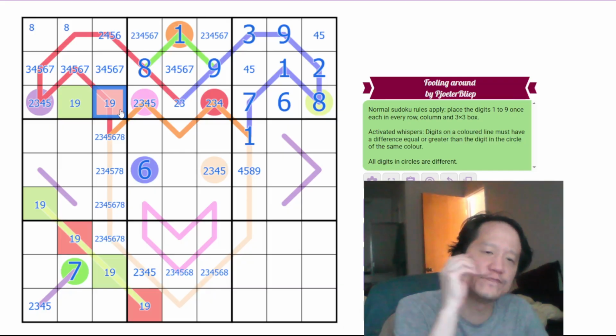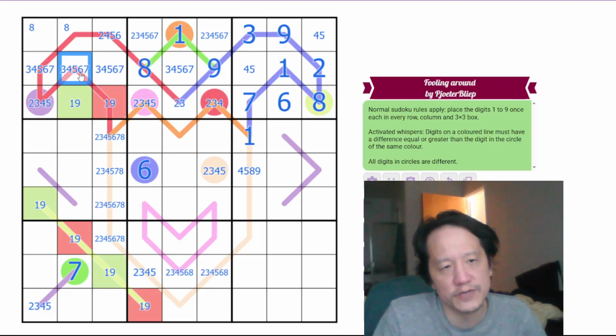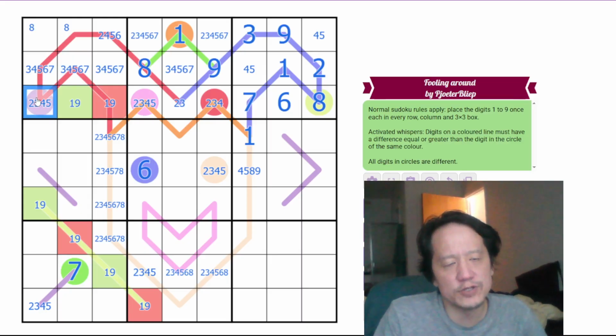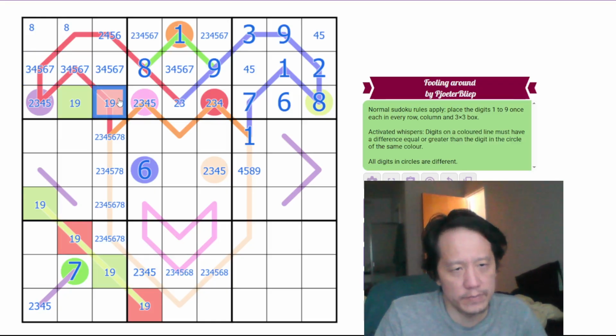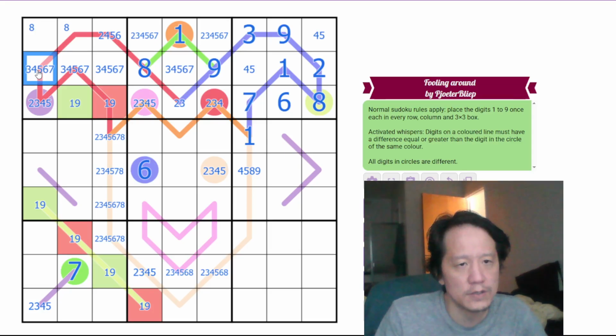If it's 4, this is 6 or 7. This would have to be 2, 6, 7 here, which would force this to be 1. So this would be 6, this would be 2, this would be 7. It could be 3 here. So I don't think this can be a Dutch whisper line either.